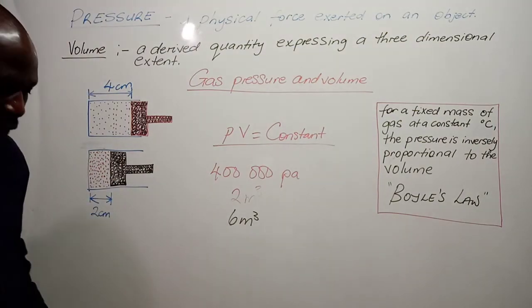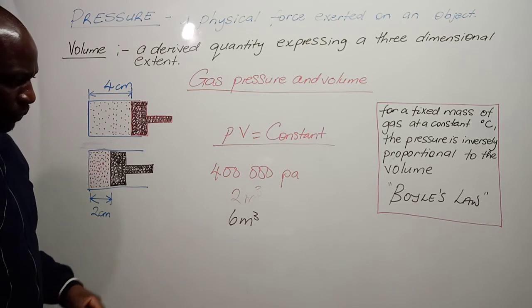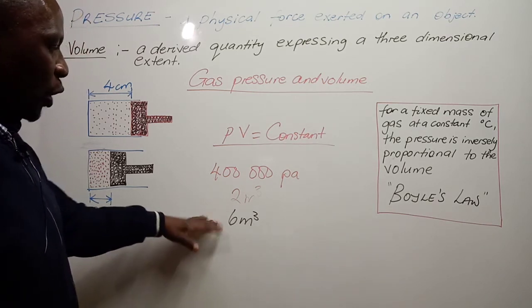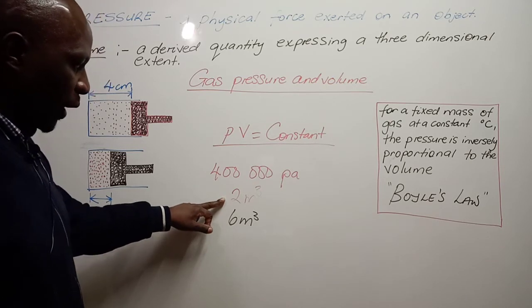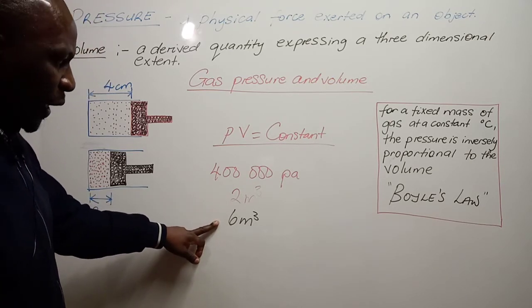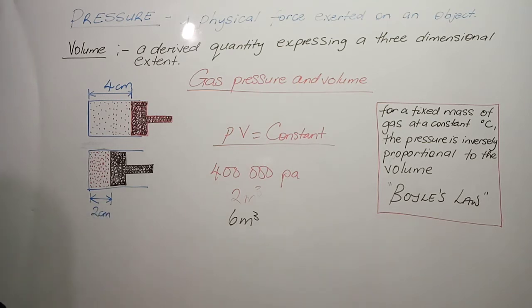The volume has been increased from 2 cubic meters to 6 cubic meters. So pause the video, go ahead and make the calculation and see what you come up with.